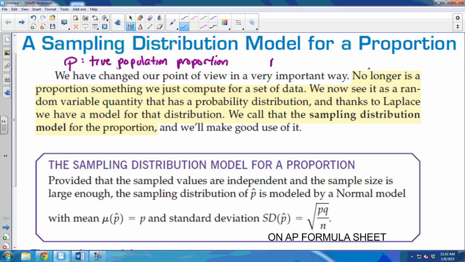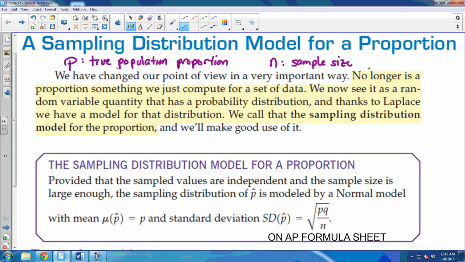And you need N, your sample size. If you have those 2 things, then you can do everything we would need to do. With those 2 numbers, we can check all of the conditions and assumptions, and we can find the mean and standard deviation of the model so we can actually use the model. So that's all you need, 2 numbers.